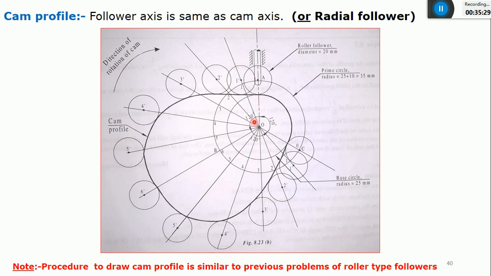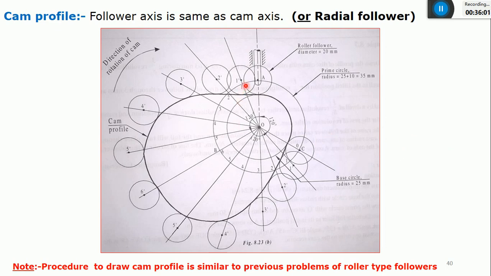I'll get the radial lines like this from point 1 to point 6, and from point 6 to point 1, towards the center of the circle. And just extend those radial lines in a backward direction like this, from points 1, 2, 3, 4, 5, 6, again 5, 4, 3, 2, 1, 0 with some convenient distance. Use the same method that I explained in the previous class for a roller type of follower.